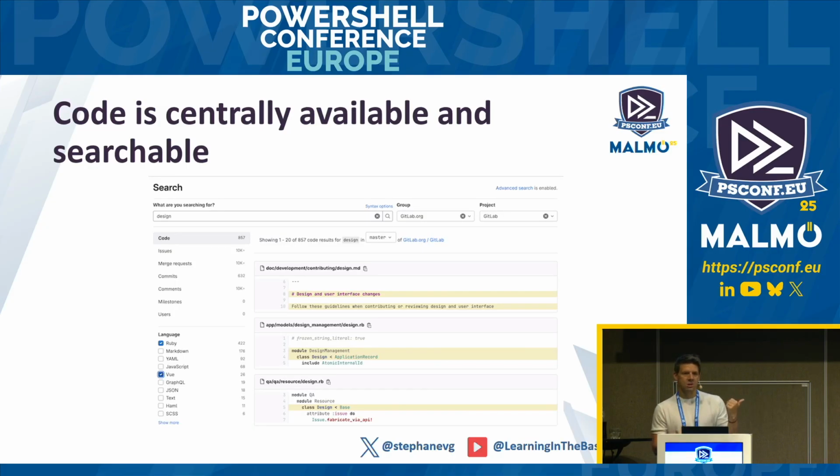This can be really helpful. It's also good for reusability of your code. You can search for elements, see everything that is in production, and copy and paste from there.